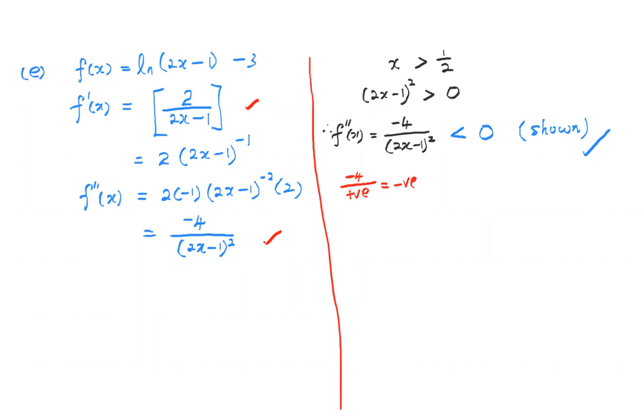And f double prime, concave upward, do you think there is a... okay, if I want to know whether there is a maximum point or not, whether there is a local maximum or global maximum or not, what should I do? Which function should I look for? Should I look for f double prime or f prime?